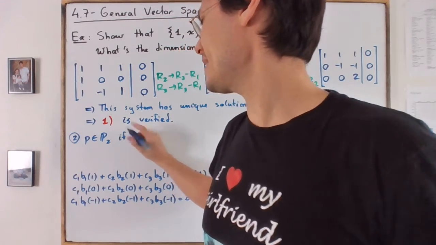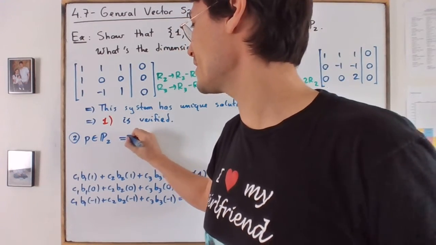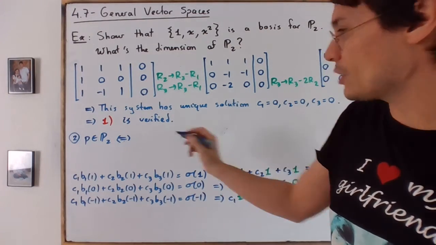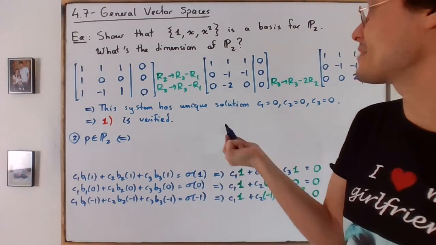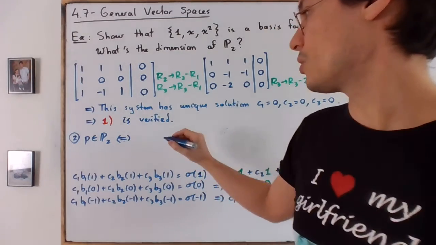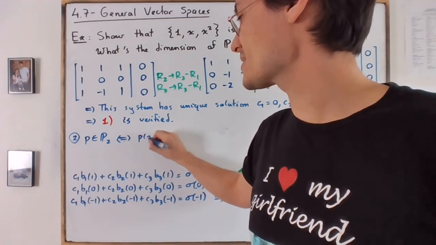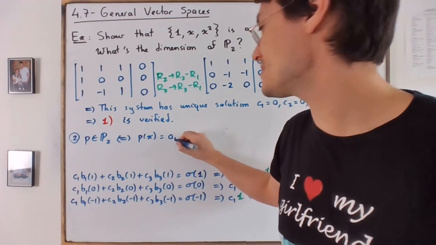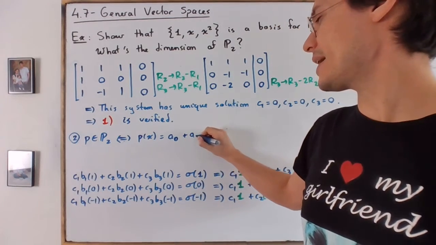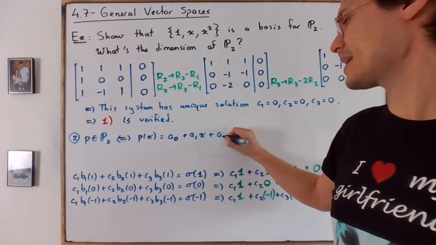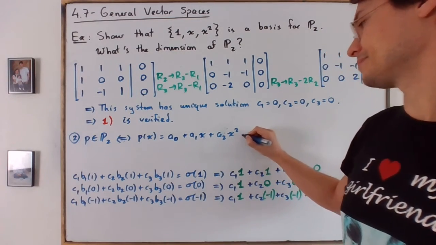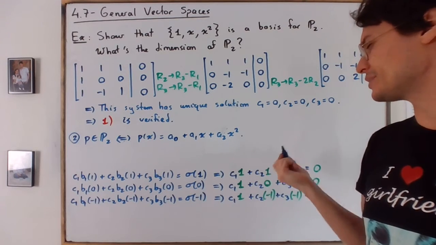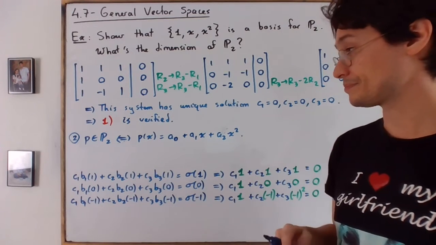I will say here if and only if, because this will help in our reasoning. I know it's a definition, but let's put the if and only if. So P of x is equal to A0 plus A1x plus A2x squared, for some A0, A1, A2 being real numbers.